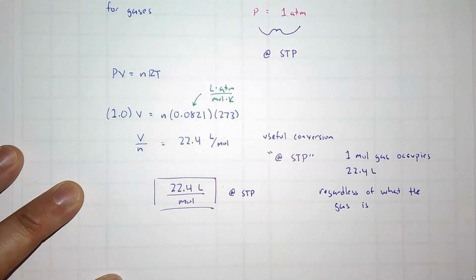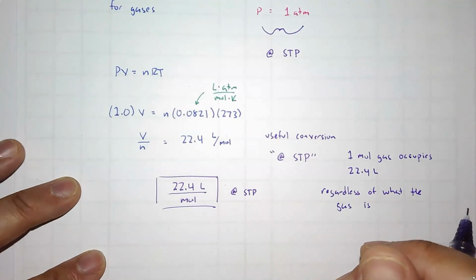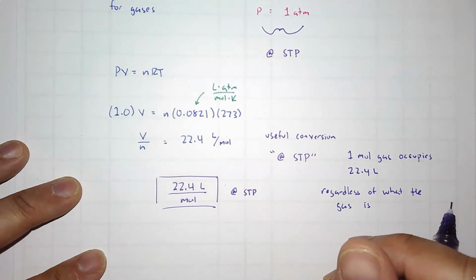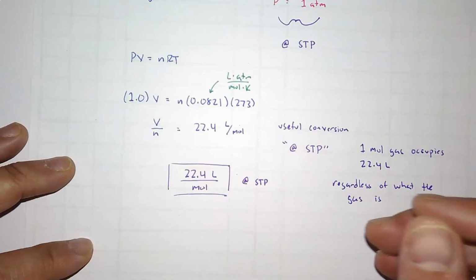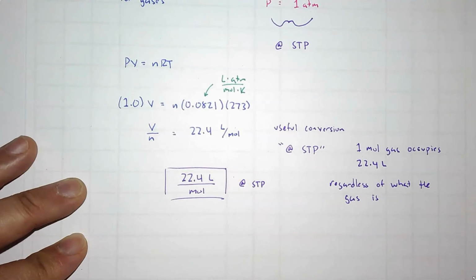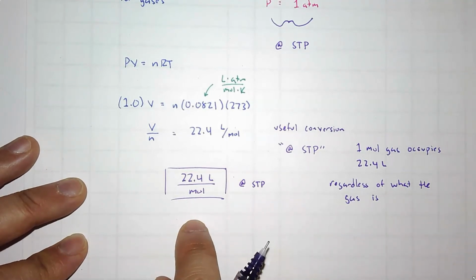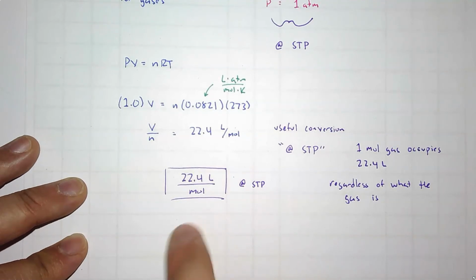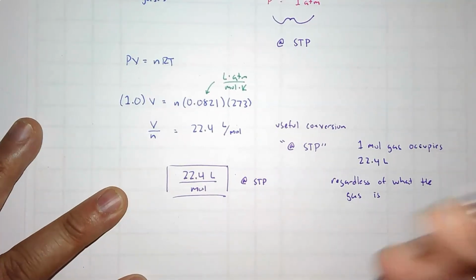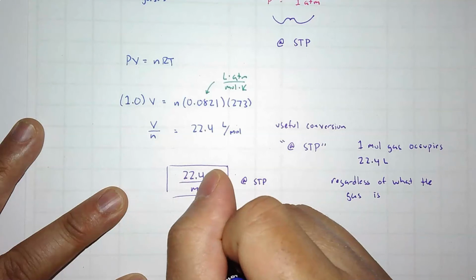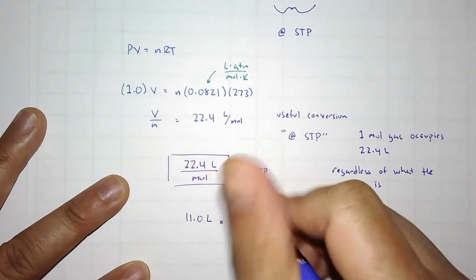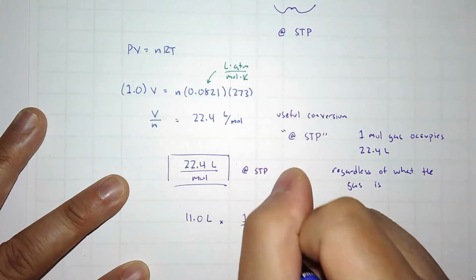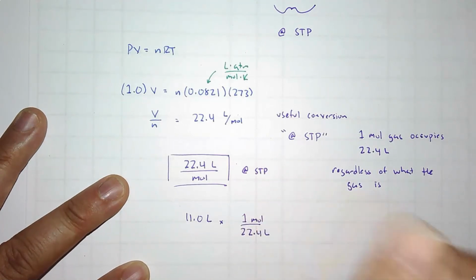If you're measuring gas at STP and they say the volume is 11 liters, you can automatically say that there are about 0.5 moles of gas. Because you would take 11 liters times, do you see how you have to multiply by the inverse, 1 mole over 22.4 liters.